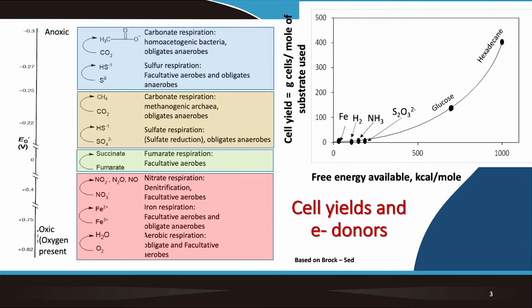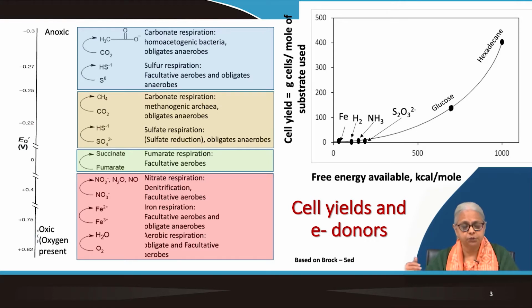I've already explained a little bit about assimilative and dissimilative metabolism, but we're going to go a little further with that. What you see here are two graphics. One is the cell yield with different electron donors and oxygen as the terminal electron acceptor.